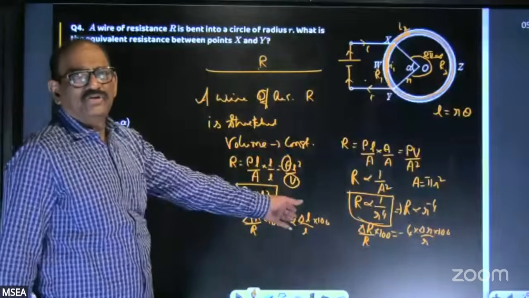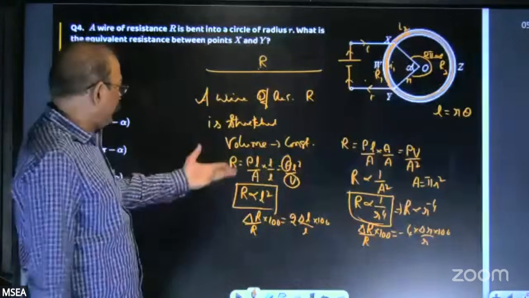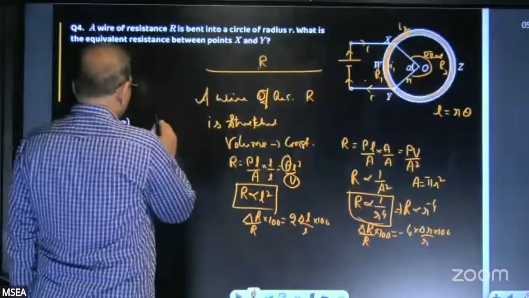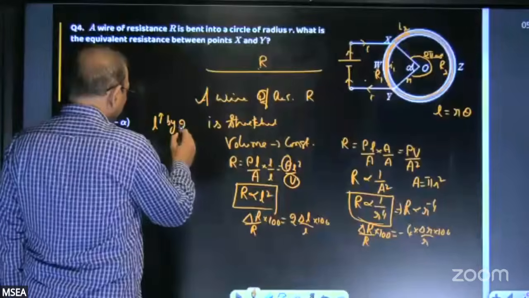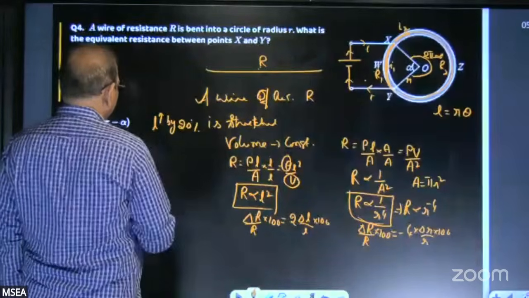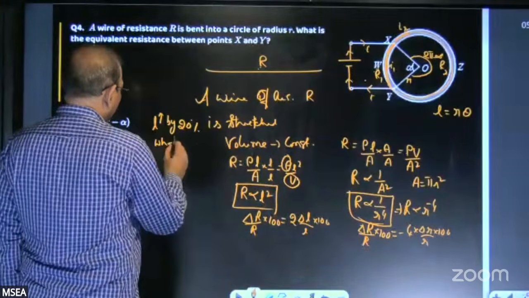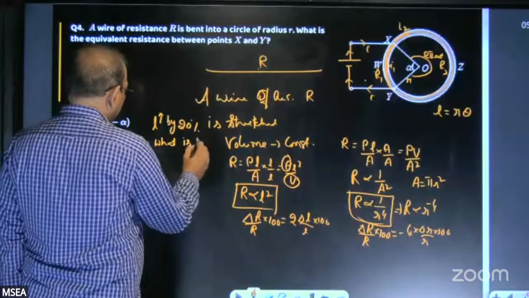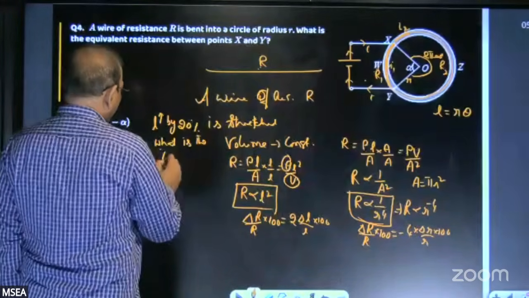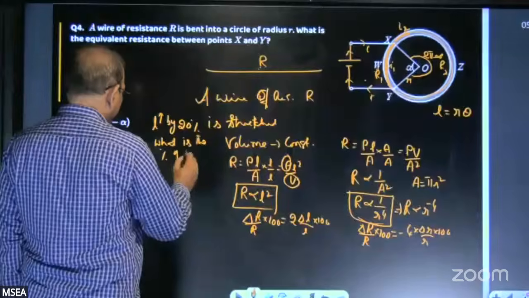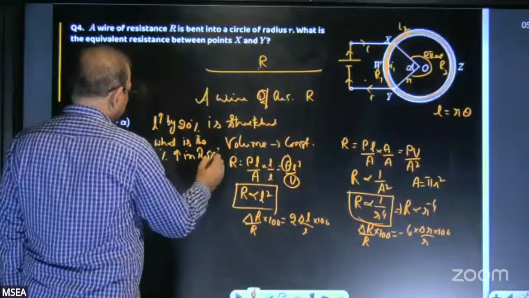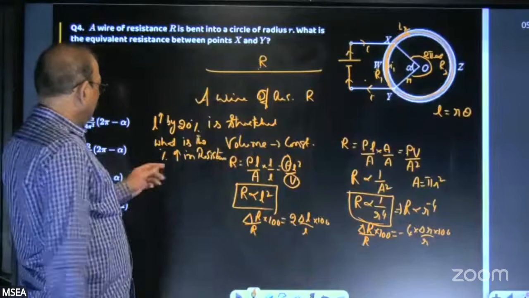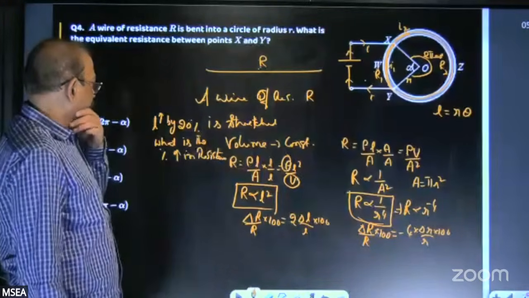This is for small changes only. Suppose they give length increased by 20%, what is the percentage increase in resistance? A 20% change in length they are giving.